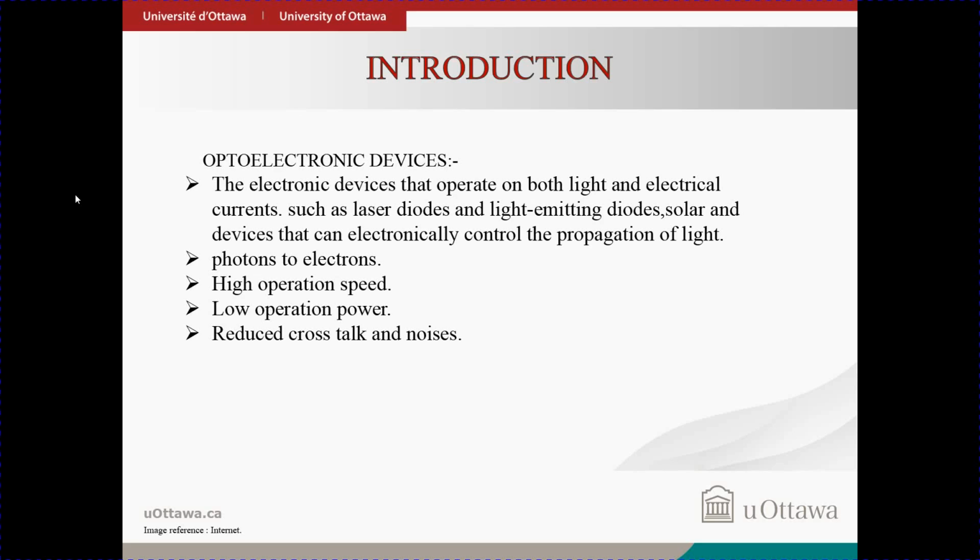This device converts photons to electrons, and it operates at high speed, and the power consumption in this device is also less, and it reduces crosstalk and noises. What is crosstalk? Crosstalk is a disturbance caused by the electrical and magnetic fields during the process.